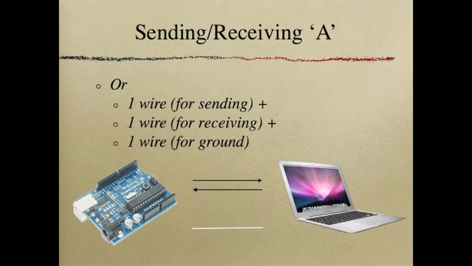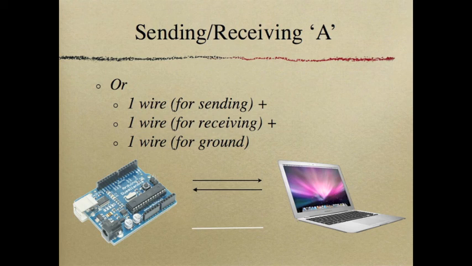But wait, what if we use just one line for sending and one for receiving, though we also need another one for ground. That means we can do all the communication with just 3 lines.